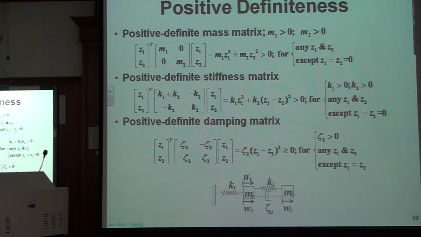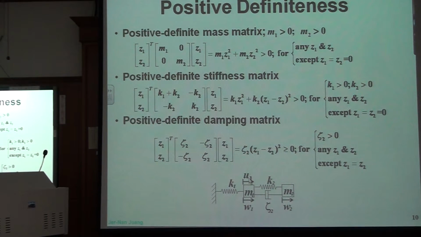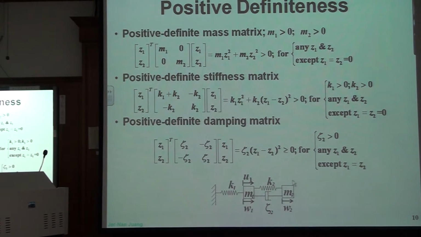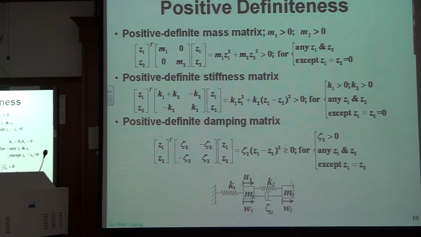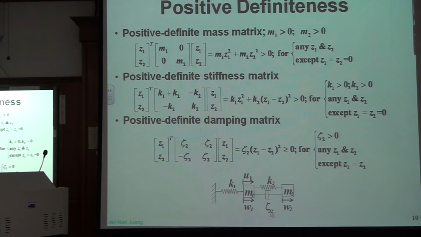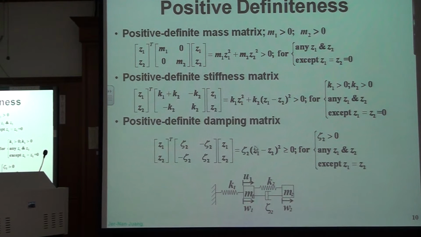So if this mass moves the same distance as M2, then nothing is going on, there's no damping. Well, it has to be dot, I'm sorry. If W1 dot and W2 dot, just like z1 and z2, are moving at the same speed, that means there's no damping here. This zeta 2 doesn't give you anything at that moment, which is not what we intended.